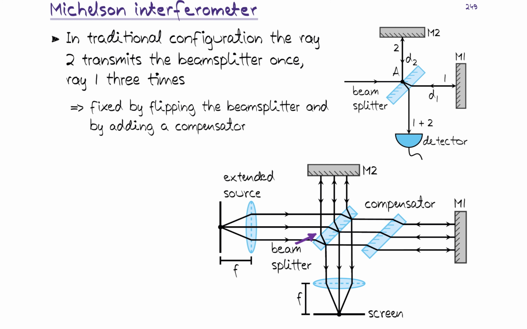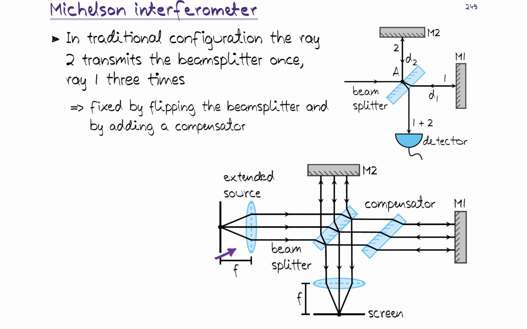Note now, on the beam splitter, we have the 50-50 reflecting surface as the second interface, and we have an extended source coming in, and then the light is transmitted. Ray 2 is transmitted once and then twice through the beam splitter, then it hits the mirror, is reflected, and then the third time it goes through and into the screen or into the detector.